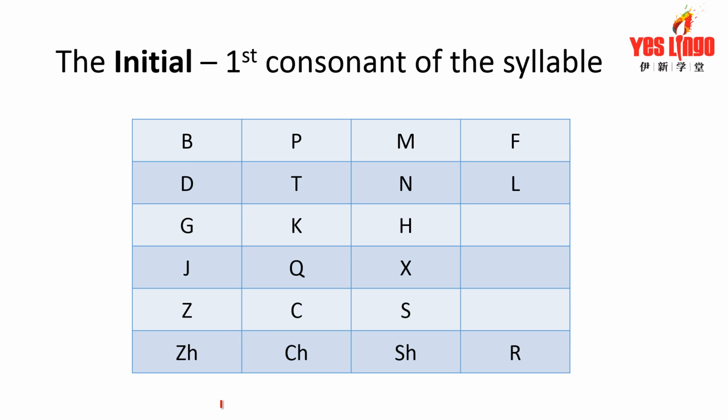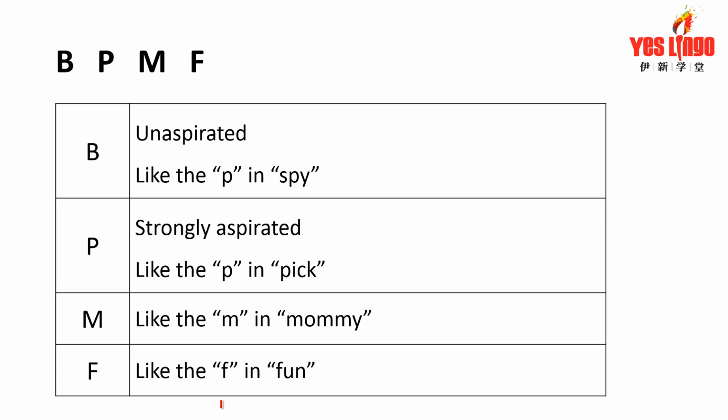Now, we already know from our previous lesson that the initial is just the first consonant of the syllable. It's basically the first letter or the first group of letters in a syllable. We're going to look at each group of initials one by one. Let's look at the first group.